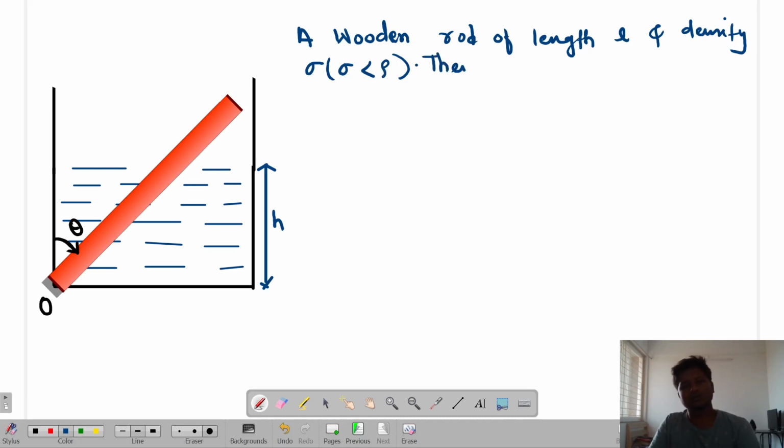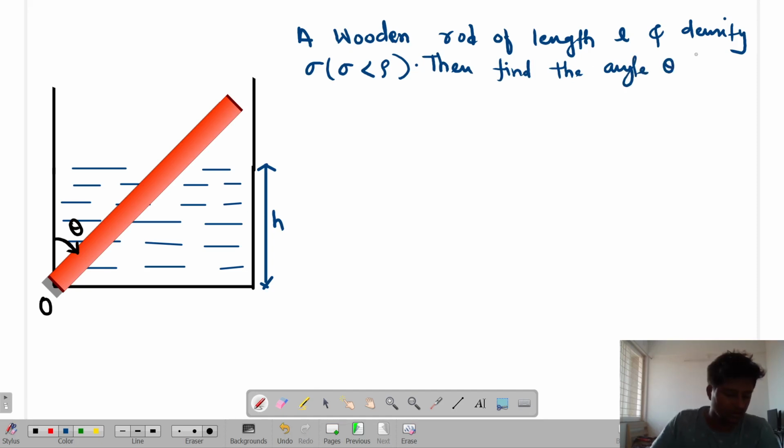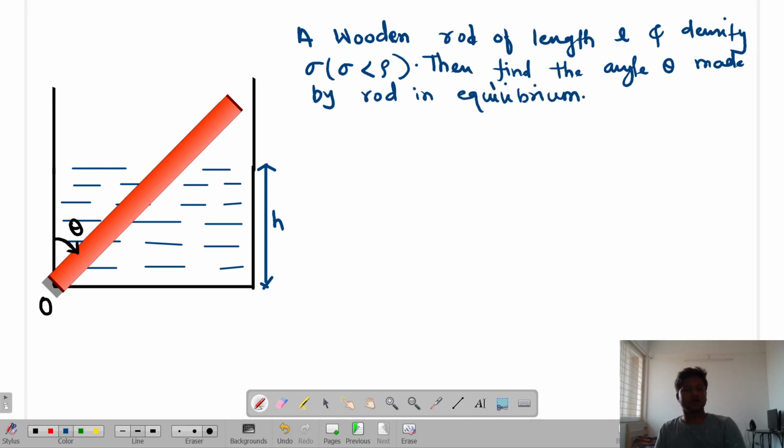Then find the angle theta made by the rod in equilibrium.